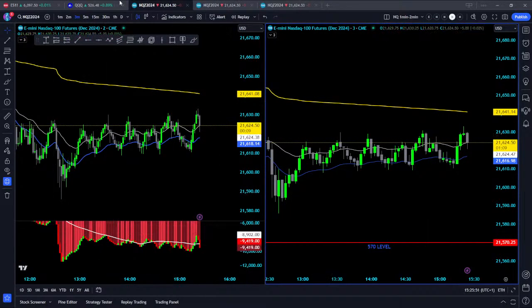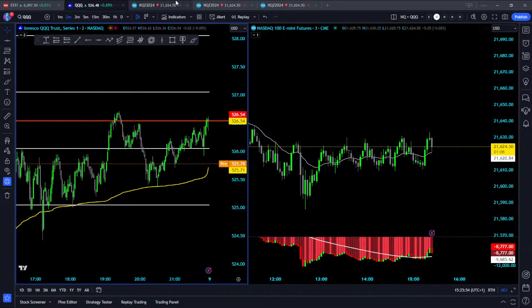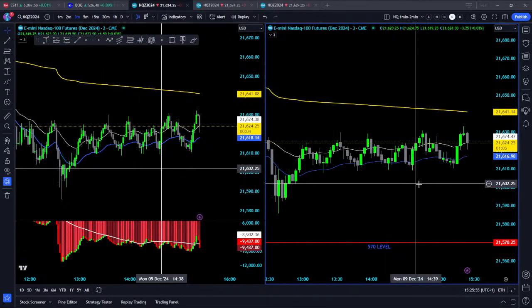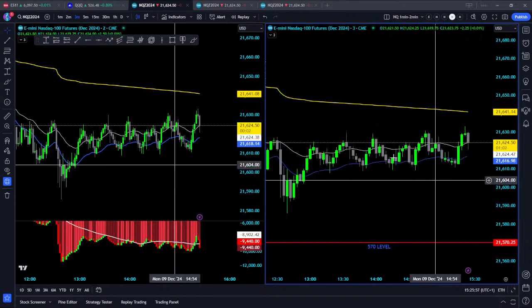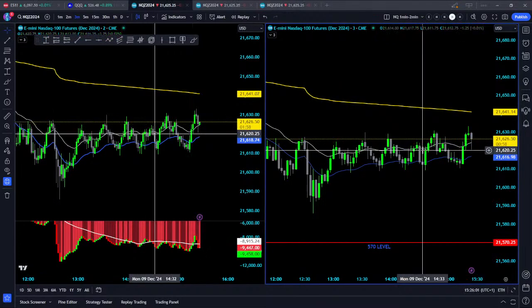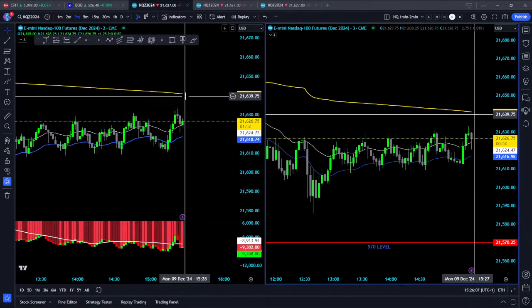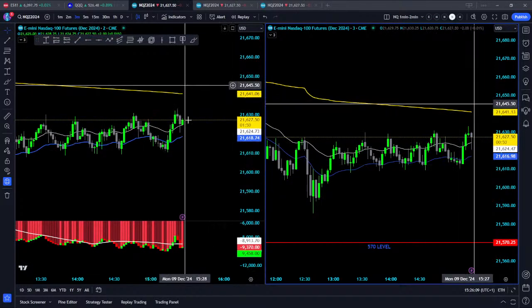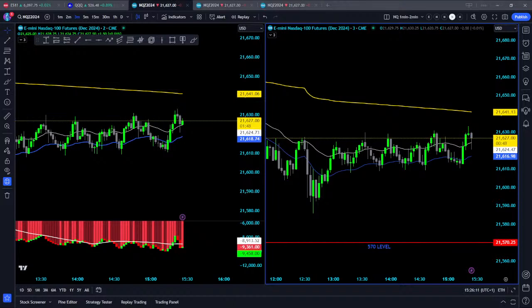Delta is negative on the 3-minute chart, 2-minute chart. We're below the VWAP, the 21 EMA is right here, just sitting right there. If we go above the VWAP, I'll look to buy, but at the moment I don't think I want to buy.